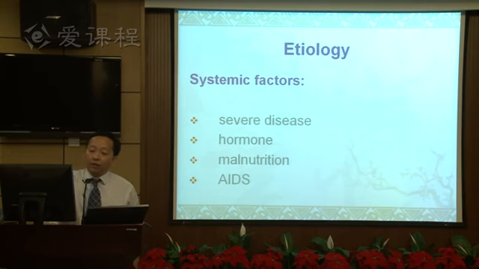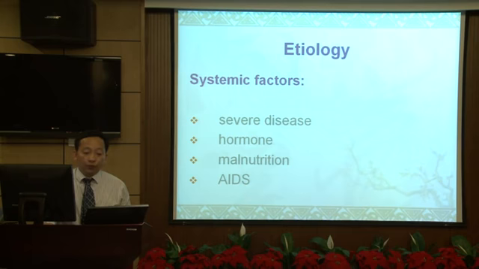And if the patient has some systemic factors, such as severe diseases, the use of hormone, or the patient is malnourished, or this patient is an AIDS patient, these are systemic factors for surgical infection.